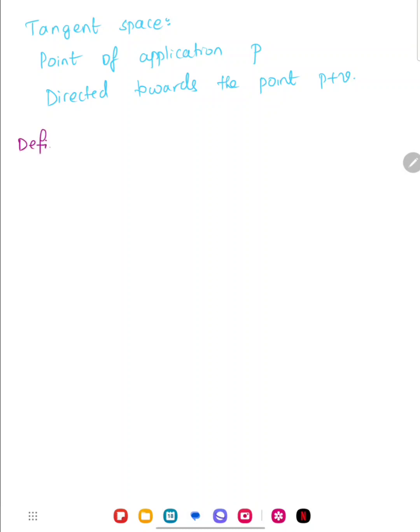The definition says that let P be a point of E3, as we are studying everything in the Euclidean 3 space.